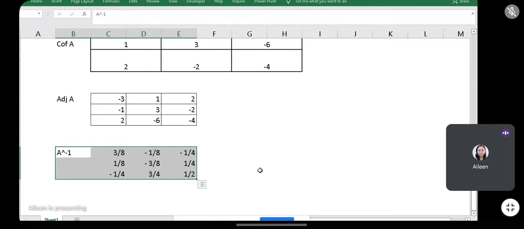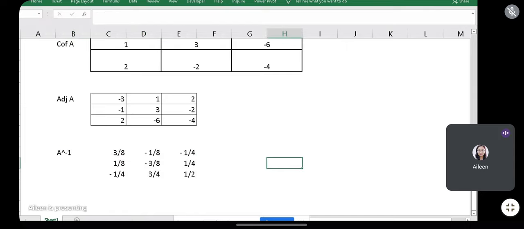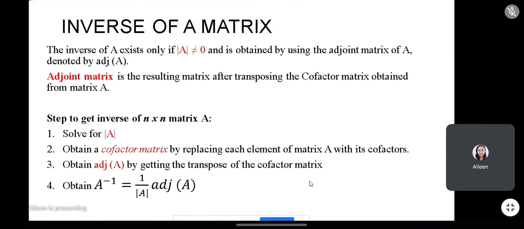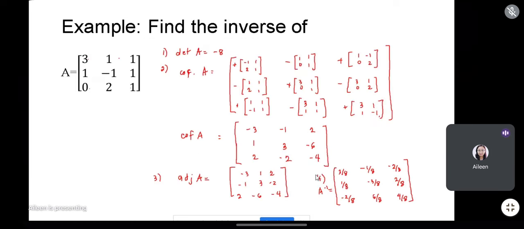Ano, meron tayong madalas na may decimal place na siya, meron siyang naka-fraction. So, kapag manual yung ating solution, it's better to use fractions. Ano? Yan. Okay. Yan. So, yan yung ating steps for our inverse. Ito yan. So, ito yung inverse natin.